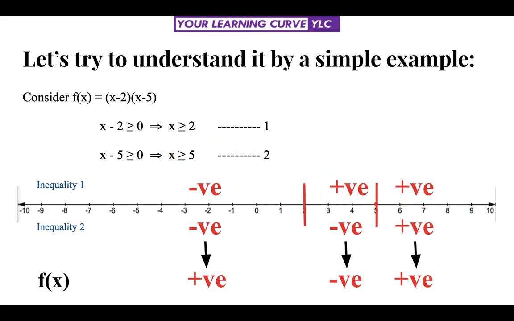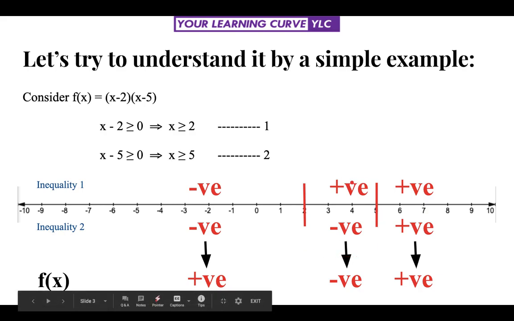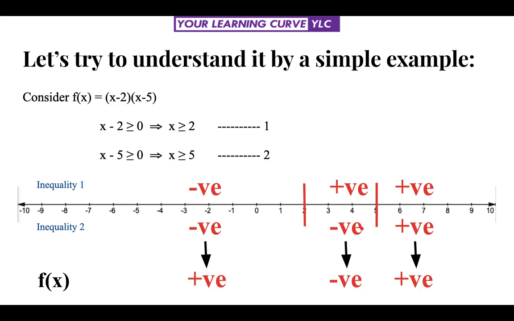Now when x crosses the number 5, the second factor, x minus 5, changes its sign. It becomes negative. So between 2 and 5, x minus 2 is positive and x minus 5 is negative, so the product will be negative because one factor is positive and one factor is negative.